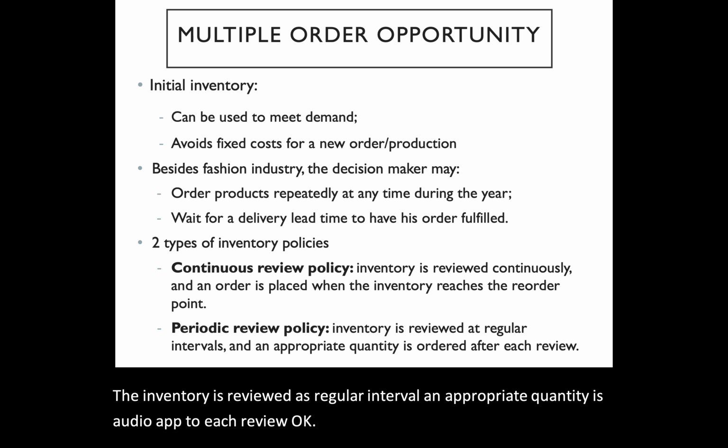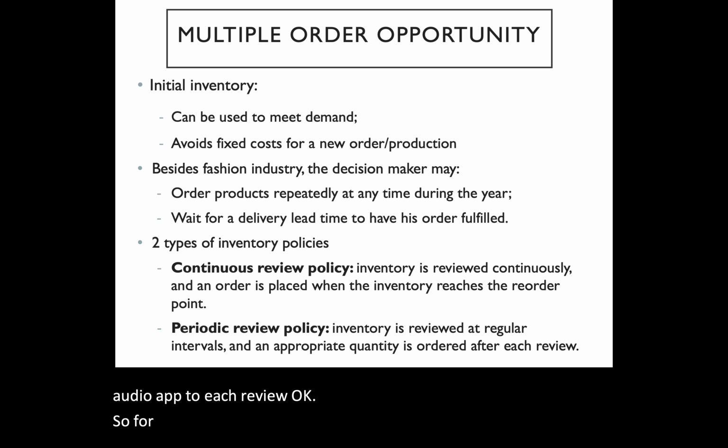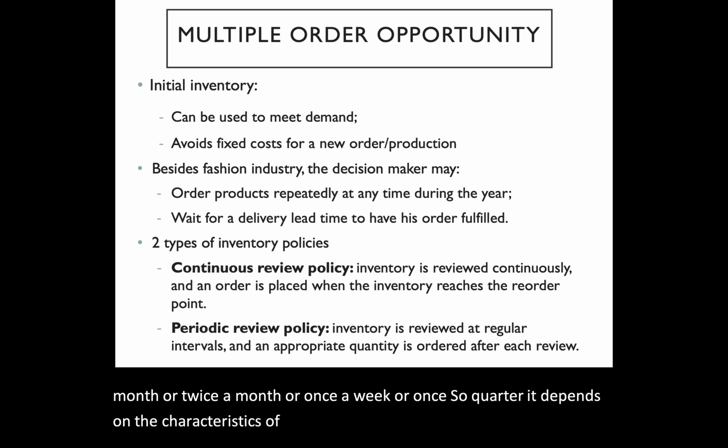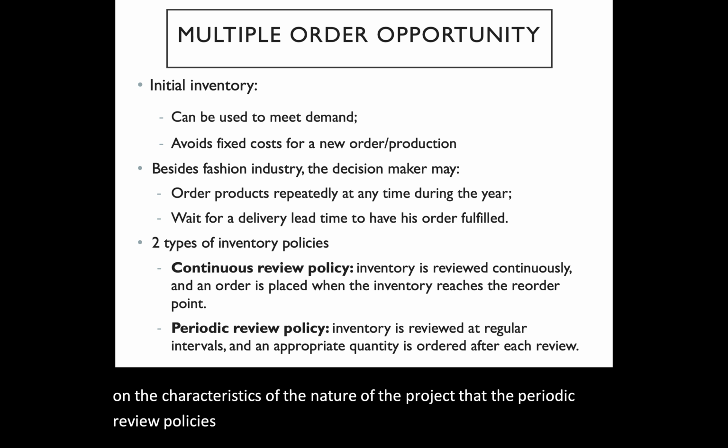So for the periodic review policy, inventory can be reviewed once a month or twice a month or once a week or once a quarter. It depends on the characteristic or the nature of the product that the periodic review policy is applied. Okay.